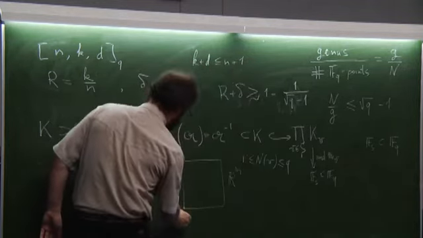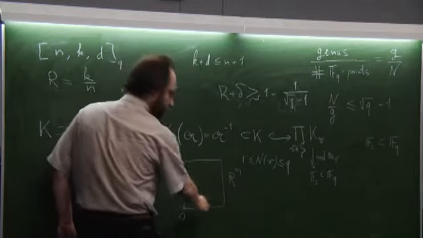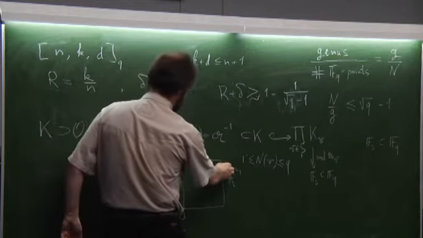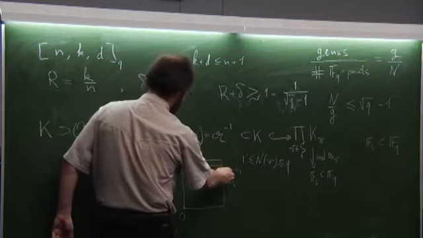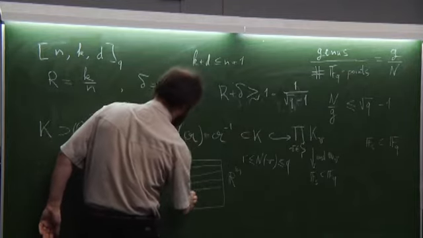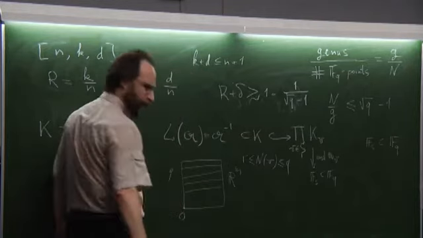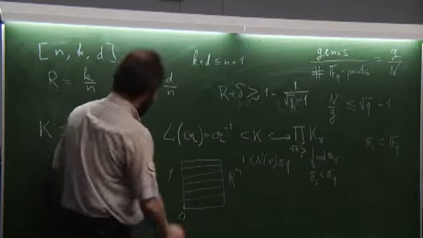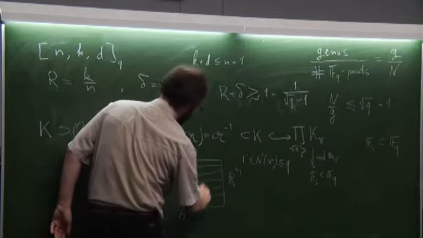In this R to some power m, you take a cube. And then what you do is that along each axis, you cut this cube into q parts equally. And the same in the other direction.